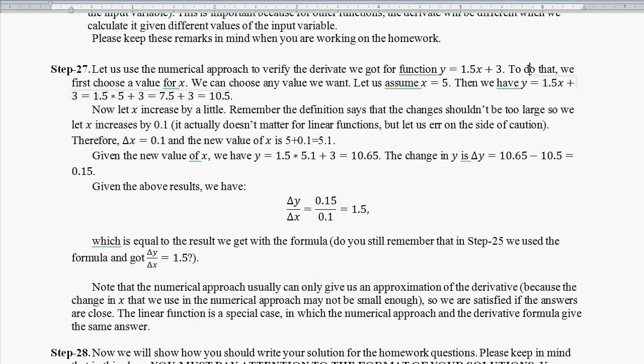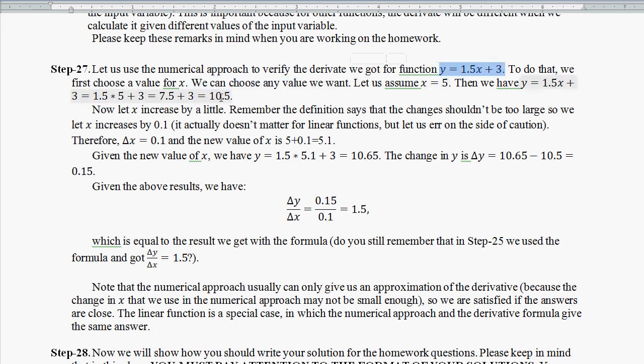To do the numerical approach, we first need to choose a value for x. We can choose any value we want. You can set it to 1, 2, 3, and here we're going to set it to 5. When x is equal to 5, y is going to be 10.5. Now let's let x increase by a little.